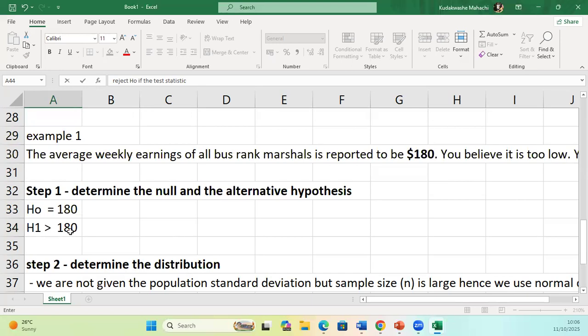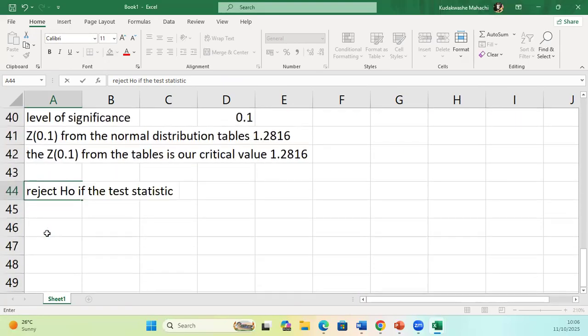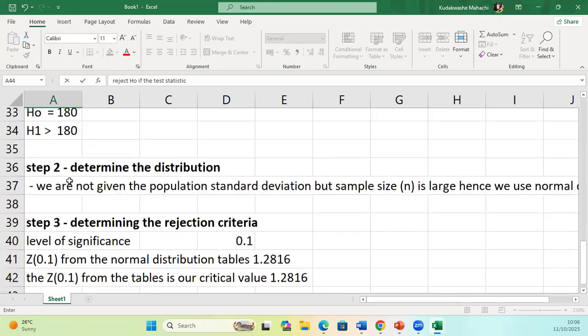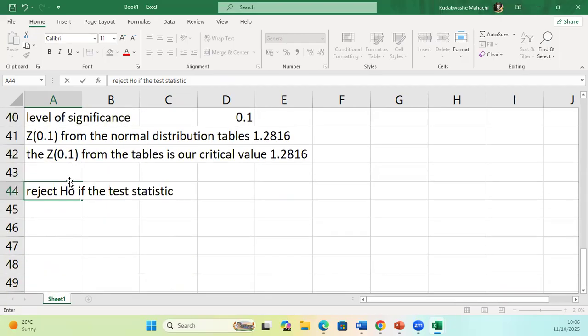We take the same sign. So we reject H naught if the test statistic is greater than the critical value.